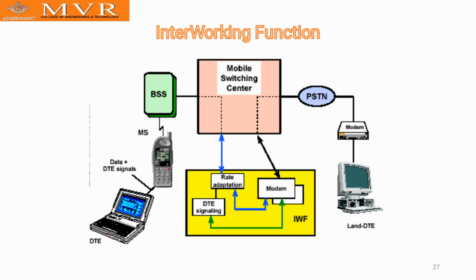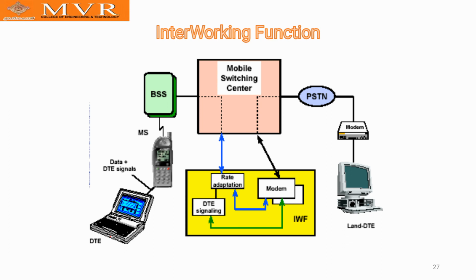This is the interworking function. See this picture, the name itself says interworking. It has the mobile switching center, the base station and the PSTN. The base station subsystem serves the mobile station, and the mobile station transmits data signals.